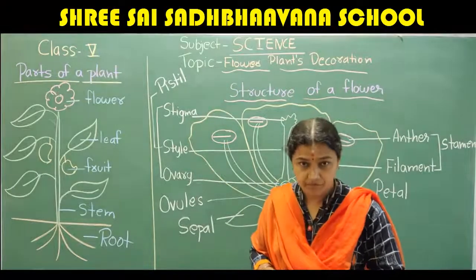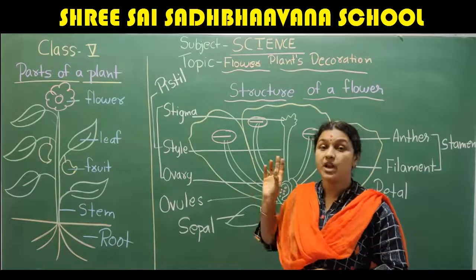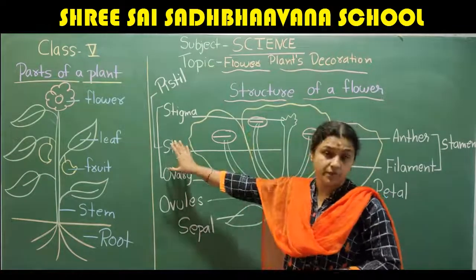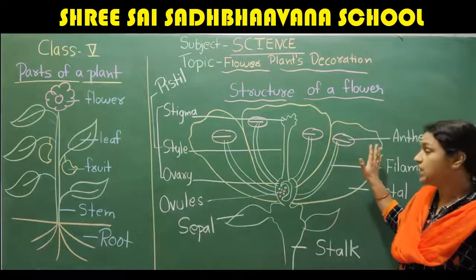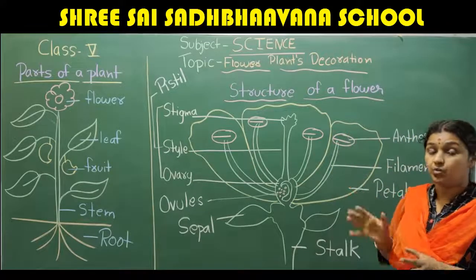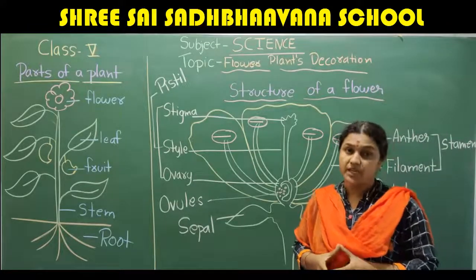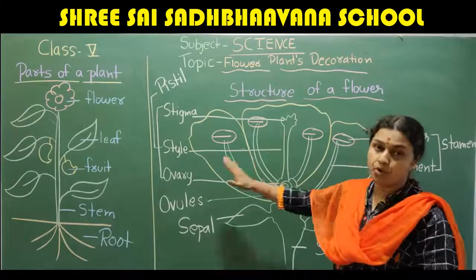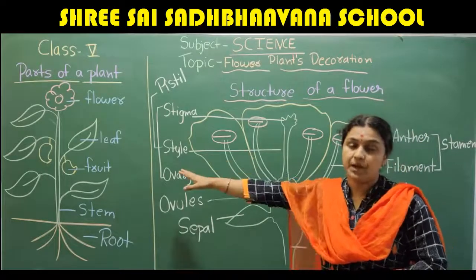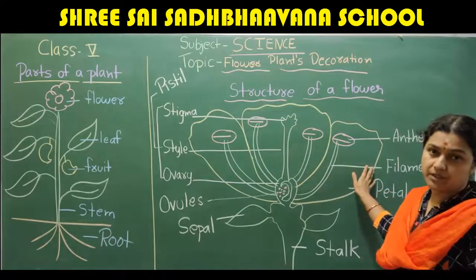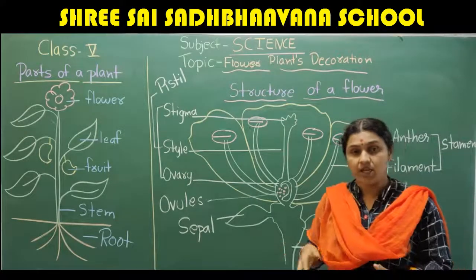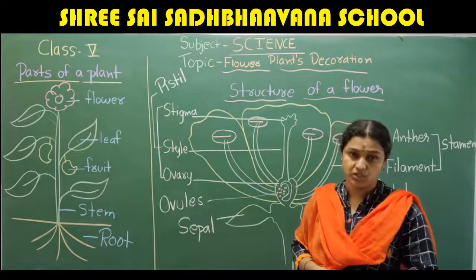So an imperfect flower is the one which will have either only the female part or only the male part. Whereas a perfect flower is the one which will have both of them, that is the female part and the male part. This is necessary in the pollination.